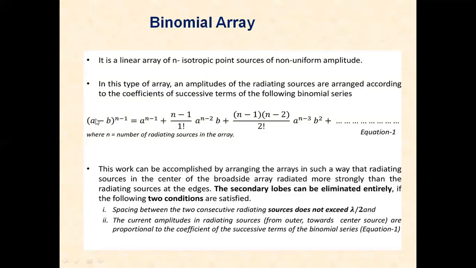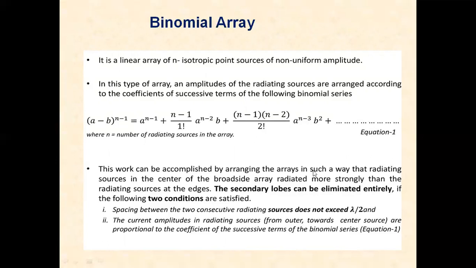So we have the binomial series (a minus b) whole power n minus 1, which is equal to a power n minus 1 plus (n minus 1) by 1 factorial, a power n minus 2 into b, plus (n minus 1) into (n minus 2) by 2 factorial, a power n minus 3 into b square, plus so on. n is the number of radiating sources in the array. So if we take 4, we are getting an equation here.